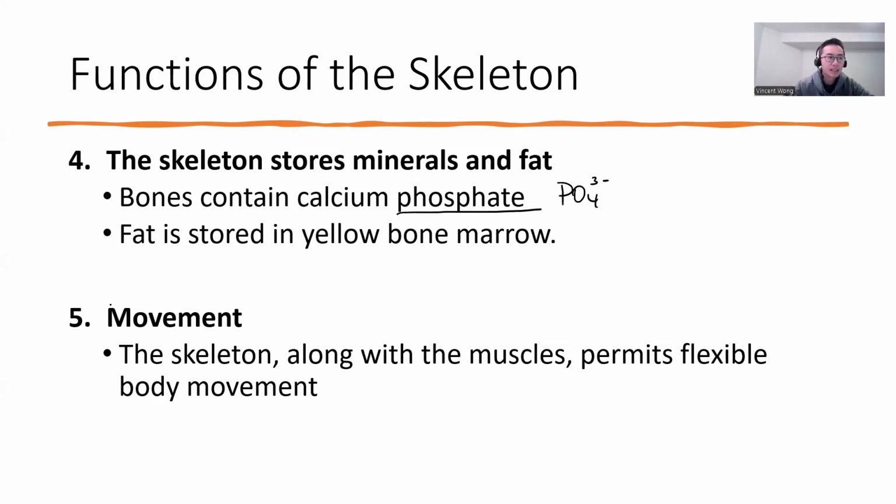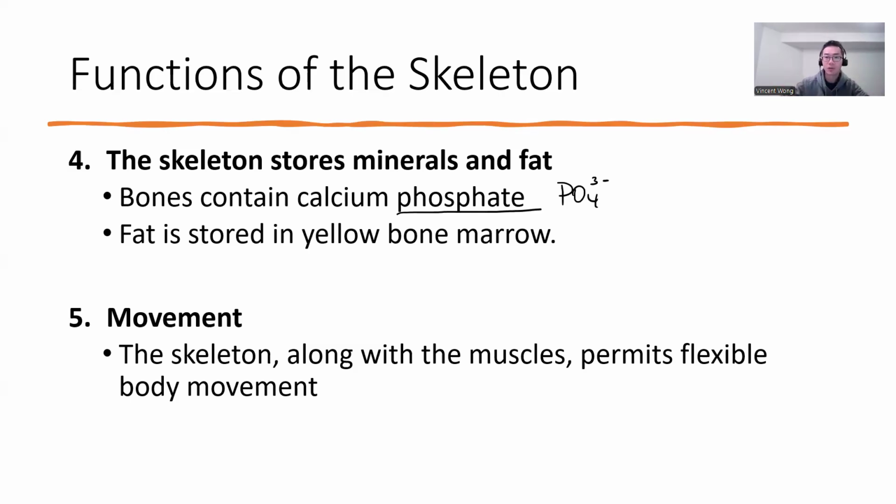And finally, the last function that we're going to talk about is the ability to enable movement. So the skeleton itself does not move, but the muscles attach onto the skeleton and create a wide range of motion depending on the kind of joints that you form, right?